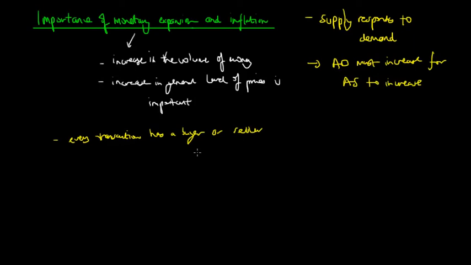So in every transaction in this market economy, there must be a buyer and a seller. And so what this means is the value of the sale, say the car, must be equal to the value of the purchase. So in this market economy, the value of every purchase must equal the value of every sale. Every purchase equals every sale.